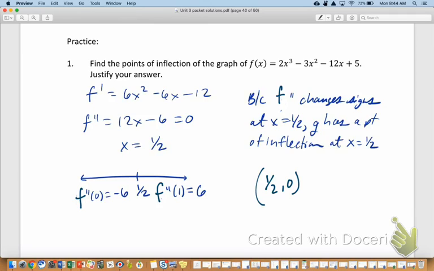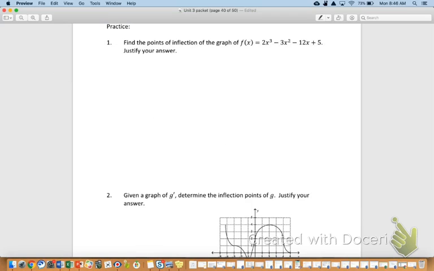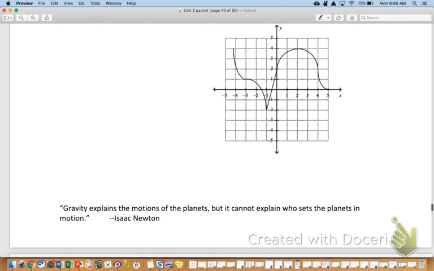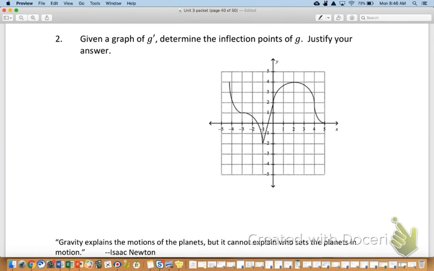Anybody else? Okay then, let's take a look at number 2. Number 2 looks like this. Number 2 says, given a graph of g prime, determine the inflection points of g. Justify your answer.